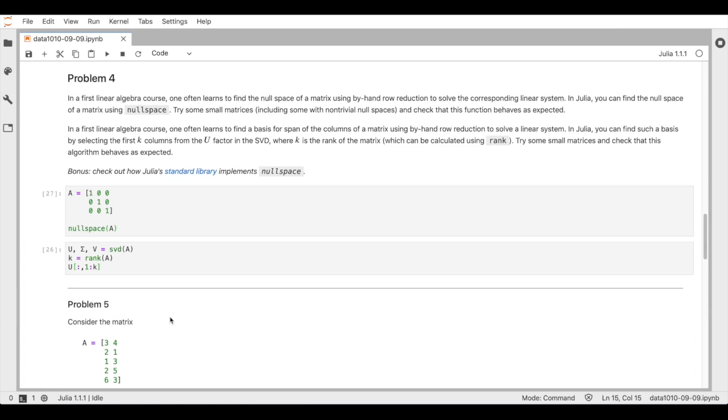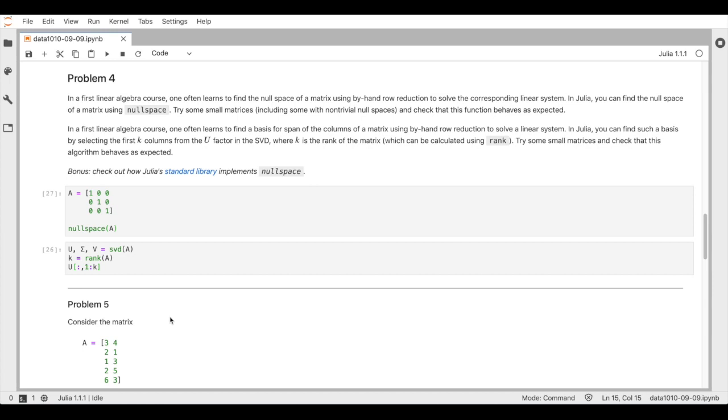So the purpose of this problem is to start thinking about how computation looks different when you do numerical linear algebra than when you're doing linear algebra in an introductory linear algebra course. So row echelon type operations are not a good way forward when you're doing numerics, because it becomes very difficult to see whether a particular number is actually zero.